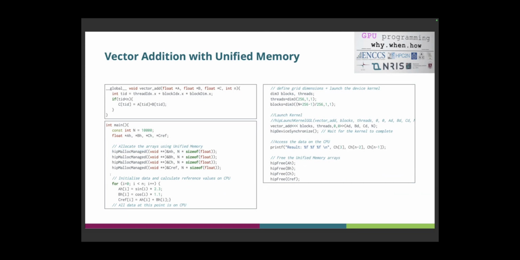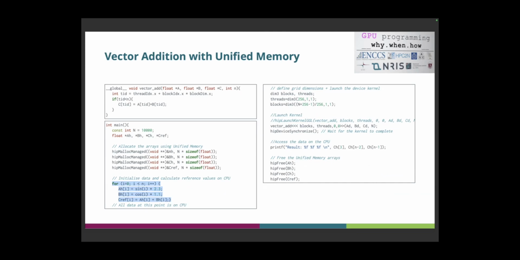In this version, we initialize the data using the CPU. So here, we know it's on the CPU, this is a normal for loop. And so when this happens, the data is going to be residing on the CPU.